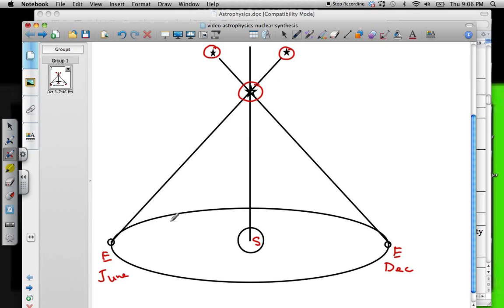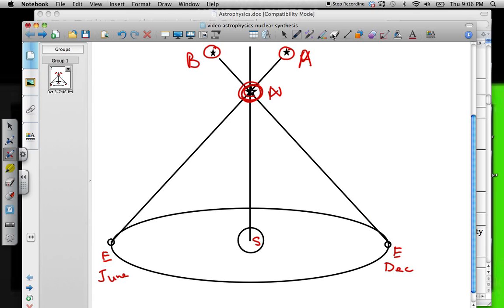So, for instance, in June, this star over here would perhaps be very close to this nearby star. So let's call that star A, close to this nearby star, let's call that N for nearby. And then we may have star B in December. This star over here seems to shift in relation to the Earth's rotation around the sun.